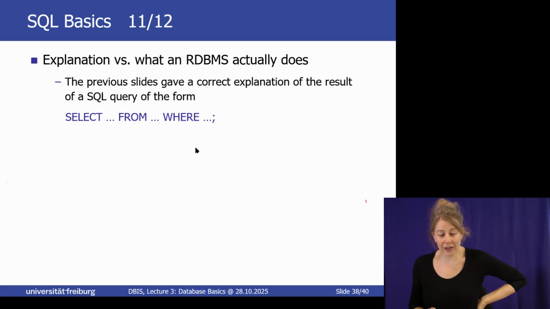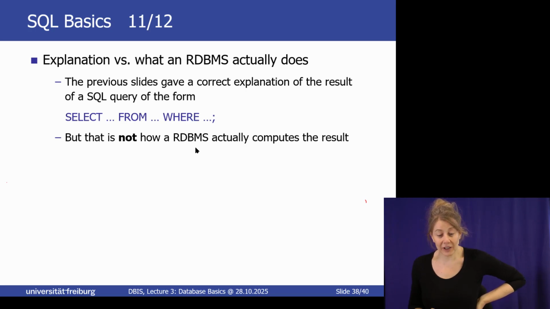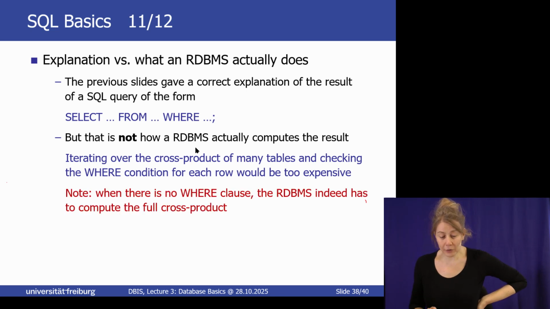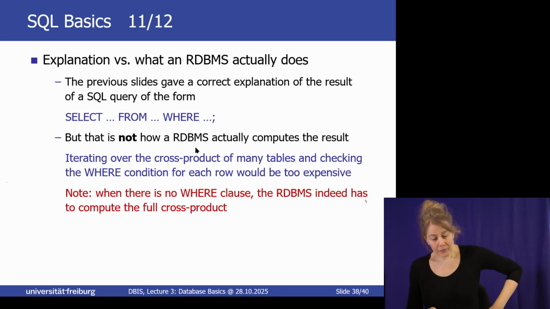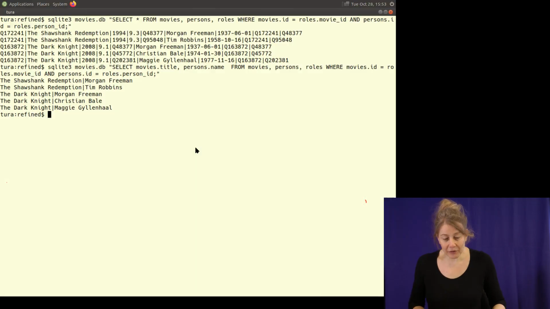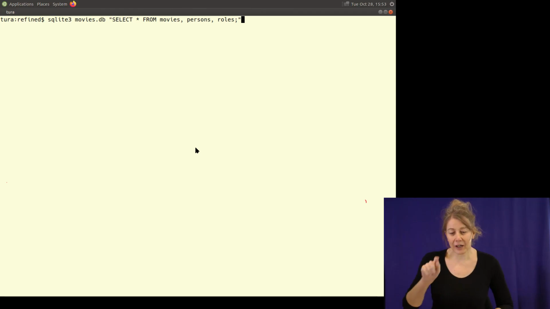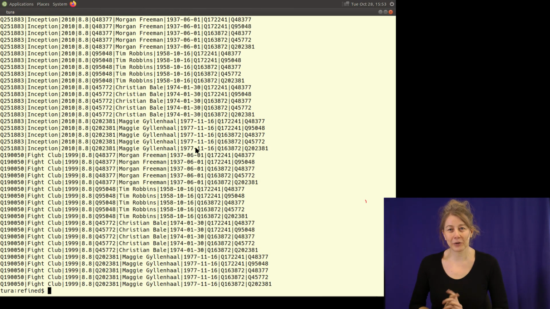So what an RDBMS actually does, it's not how they actually compute the result. It would be way too expensive. Except, let me just emphasize that again, if this is your query, then the cross product is just the correct result, right? Then it has to compute the whole thing. If you do select star from 3 tables, the correct result is the cross product, and you get it.